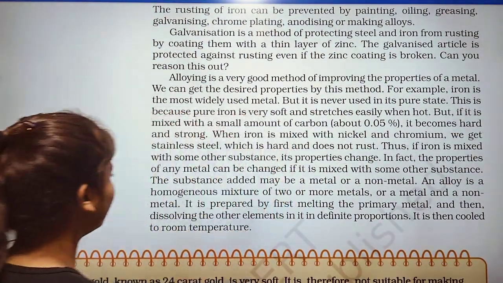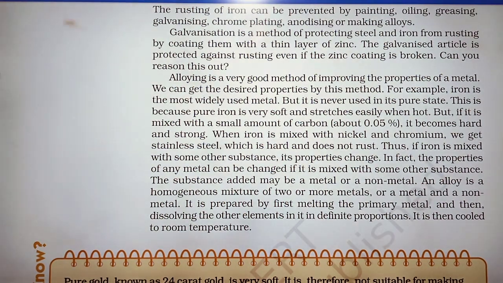An alloy is a homogeneous mixture of two or more metals, or a metal and a non-metal. It means, what is an alloy? An alloy is a homogeneous mixture of two or more metals or a metal and a non-metal.